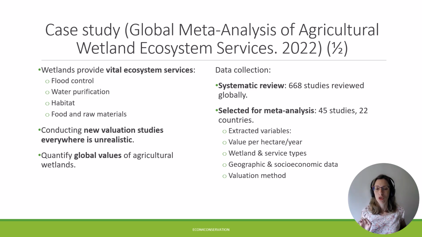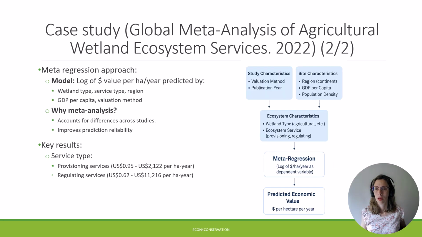So for each one of these 45 studies, they extracted the reported monetary value of wetland services, details about the wetland type, the service category, provisioning or regulating, geographic region, valuation methods used, and socioeconomic data like GDP per capita. With this data, they built a meta-regression model.